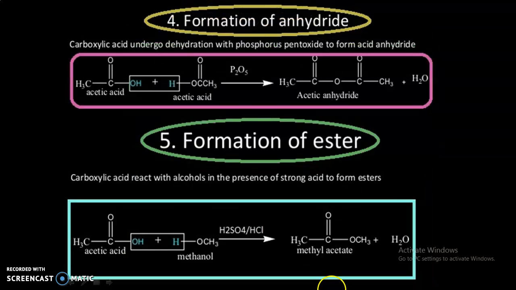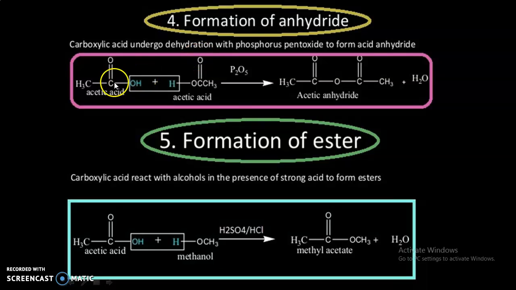Next reaction is the formation of anhydride. How are these anhydride derivatives formed from the carboxylic acid? The carboxylic acid undergoes dehydration with phosphorus pentoxide to form acid anhydride.